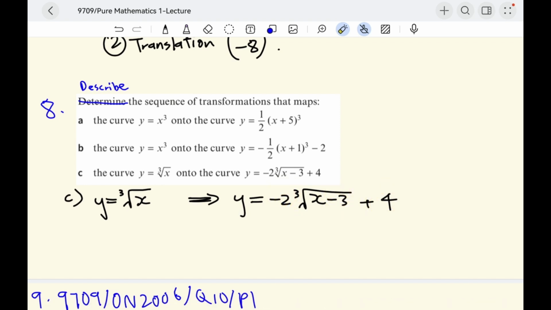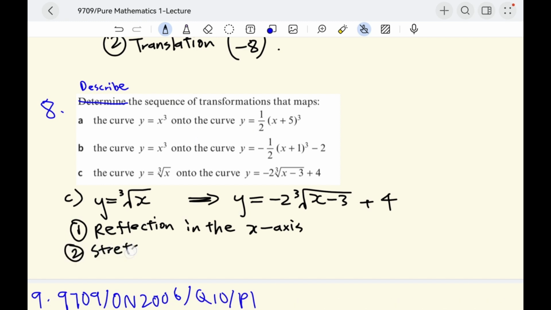So what I can do is, the first is reflection in the x-axis. Next is stretch parallel to the y-axis with scale factor of 2.